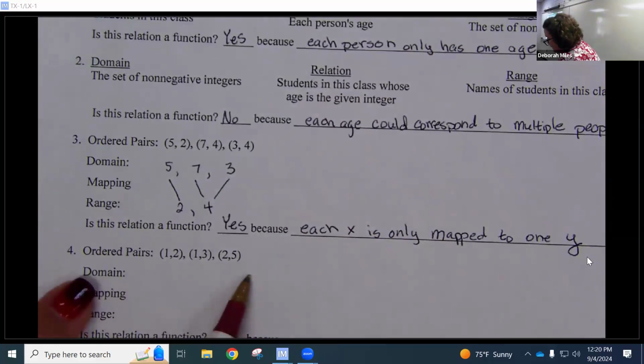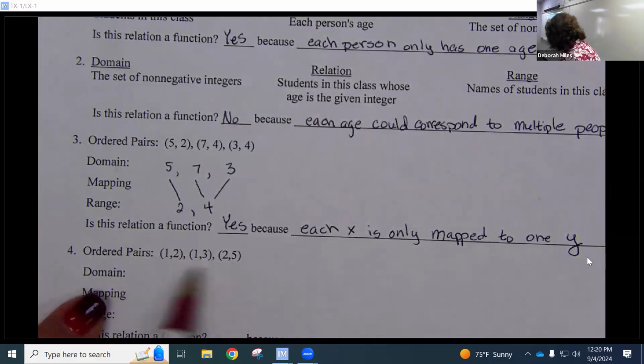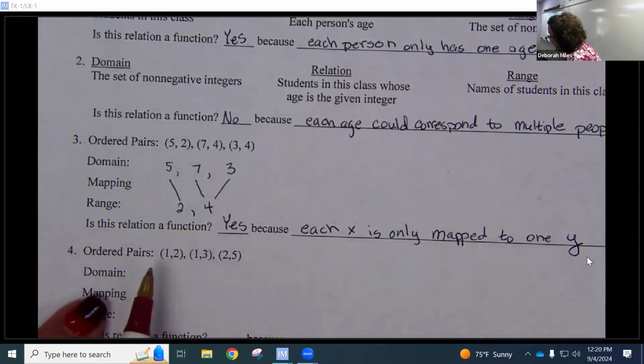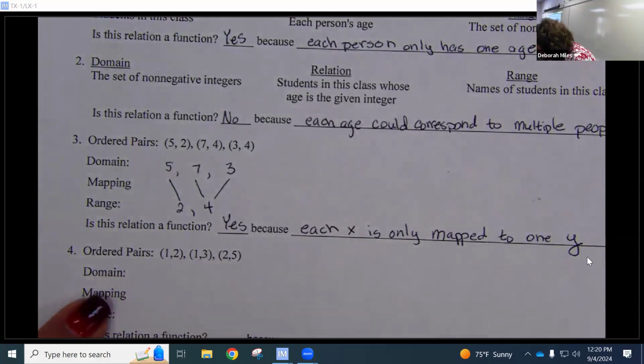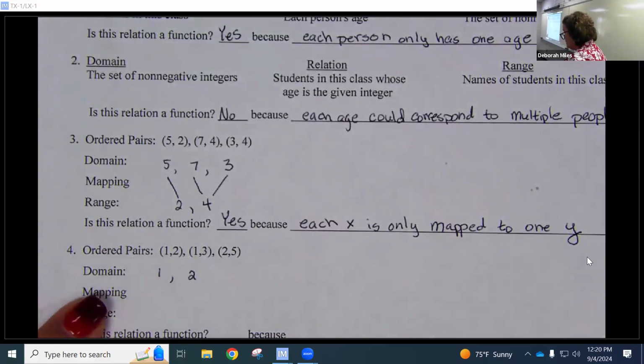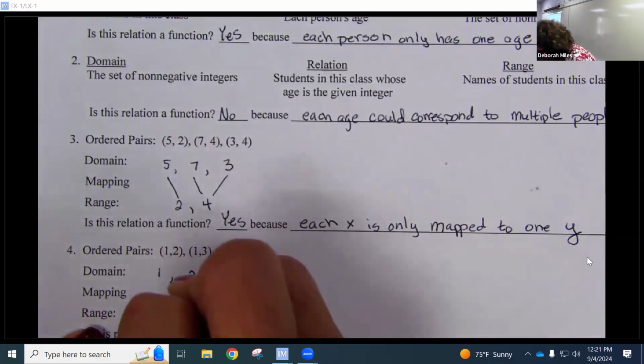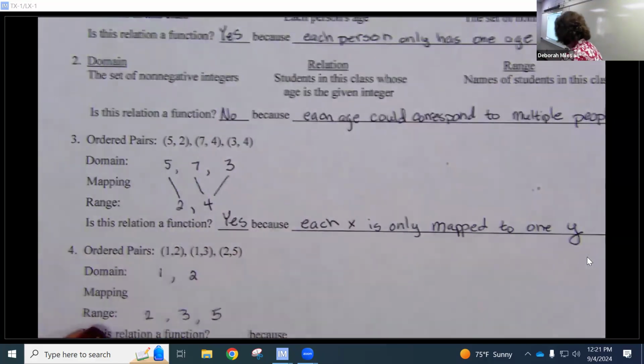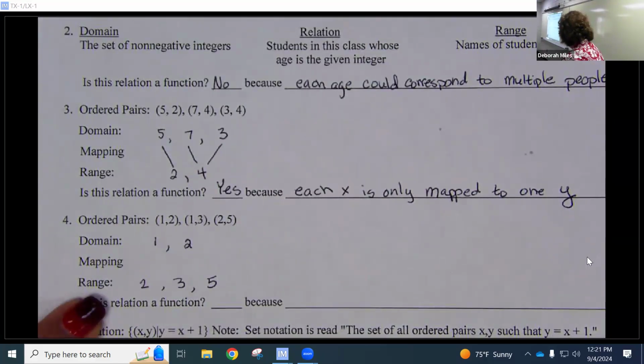I have three ordered pairs. The domain, if I say for what x values is this relation defined? The only x's are 1 and 2. And what are the y's? 2, 3, and 5. Now go back and fill in the mapping.